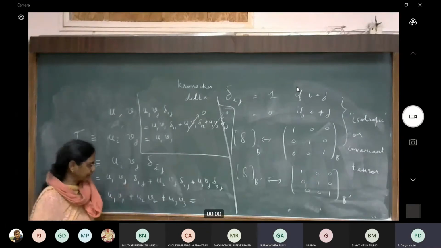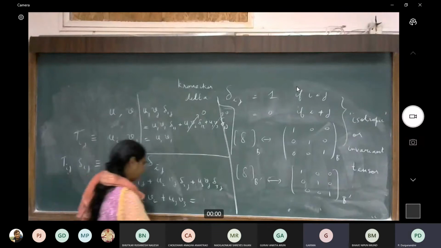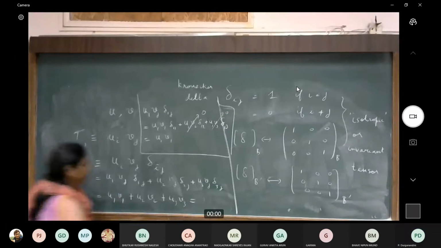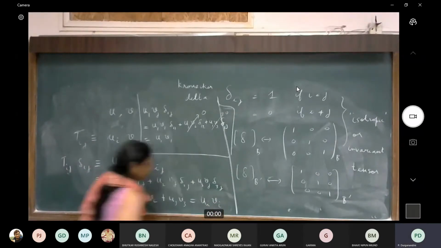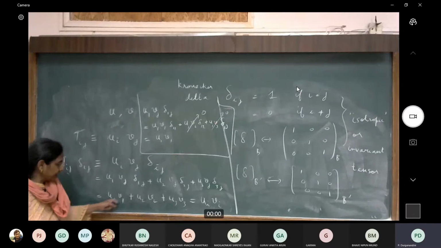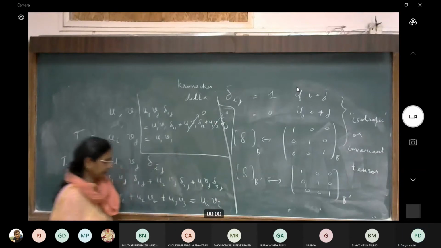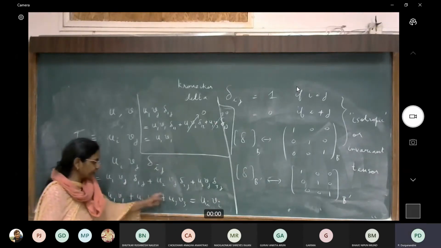Inner product. Yeah, but in compact notation, trace. It's a trace of this, but in terms of just the use of compact notation, it's nothing but ui vi, because you're summing over the i index. Is this correct? All of you agree with this? See this last one, u1 v1 plus u2 v2 plus u3 v3.